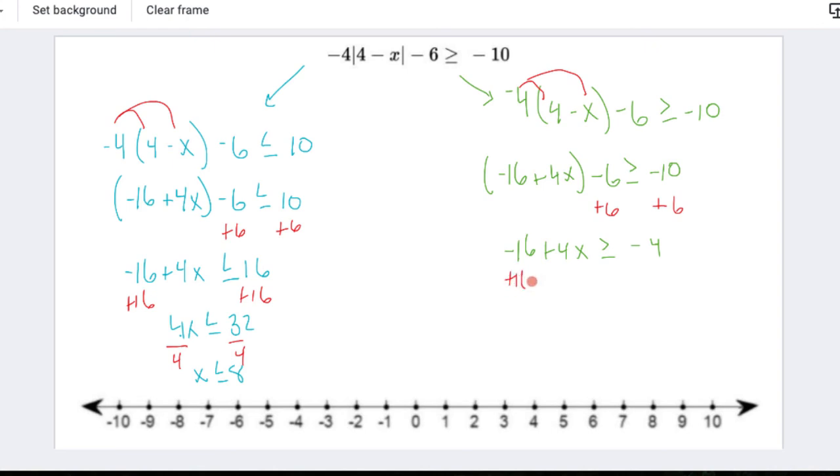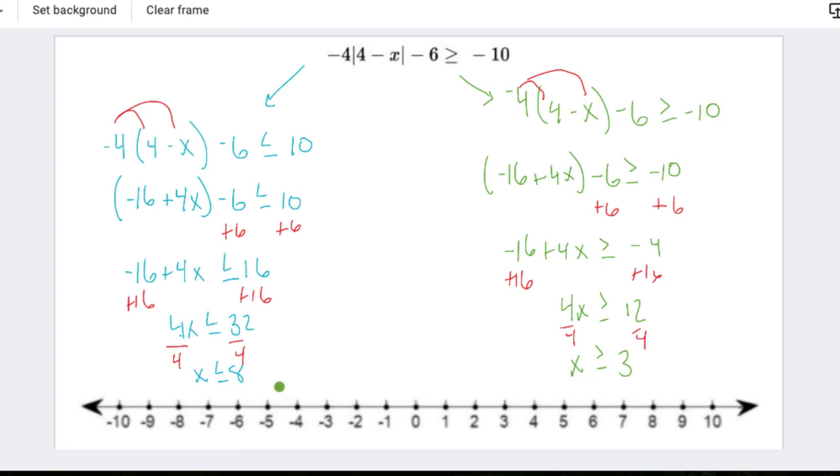We add our 16. So 4x is greater than or equal to positive 12. Divide by 4. x is greater than or equal to 3.